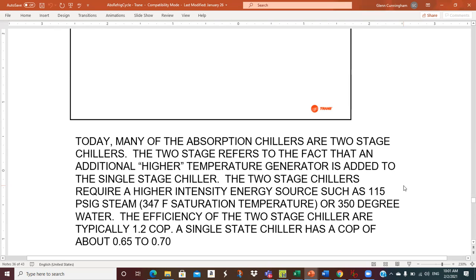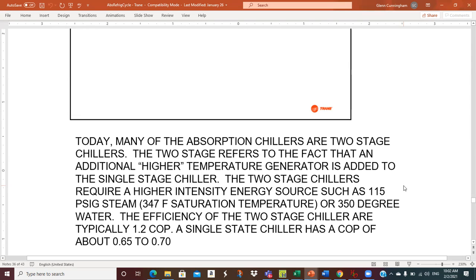Now, a good centrifugal chiller is going to be between 5 and 6, which means you get 5 to 6 units of cooling for every unit of energy you put in. Well, this old single stage absorber is going to give you about 0.65 to 0.7 units of cooling for every unit of heat you put in. Wow, that's kind of a big difference.